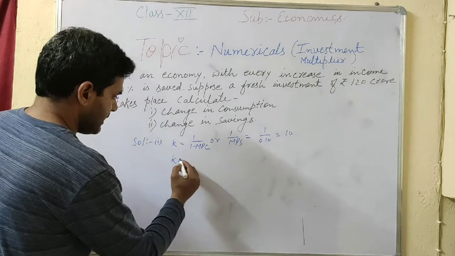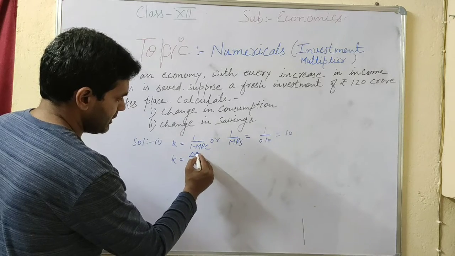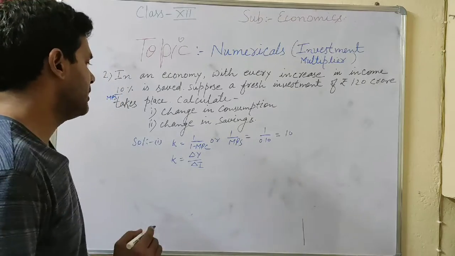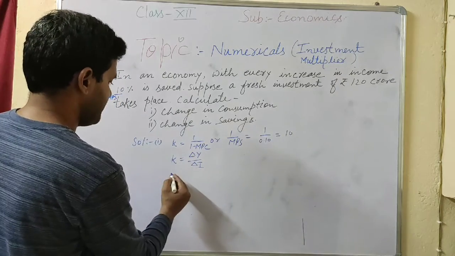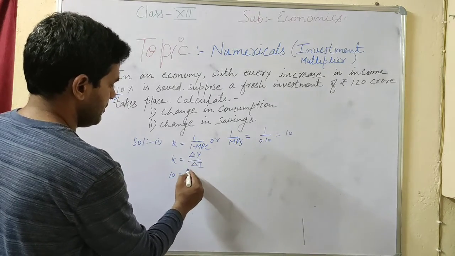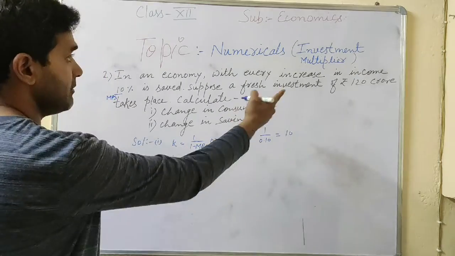Now we know that K can also be calculated with this formula, delta Y upon delta I. We know the value of K, which is 10. So we put the value of K over here, and we have to calculate the value of delta Y. Delta I is given, 120.